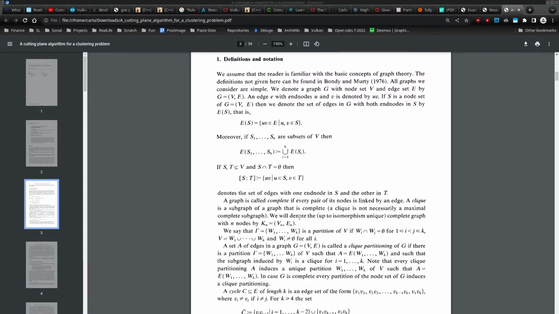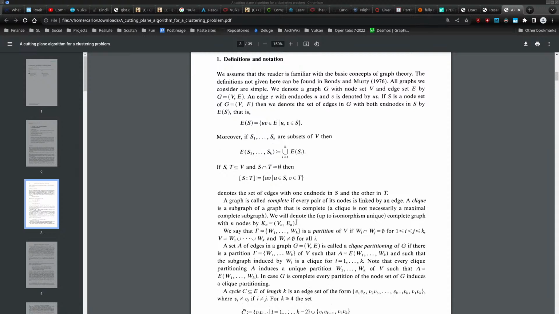Okay, we will denote the up to isomorphism unique complete graph with n nodes by Kn, by Vn, En. So instead of G, they use K, and then index n means the number of nodes in it.